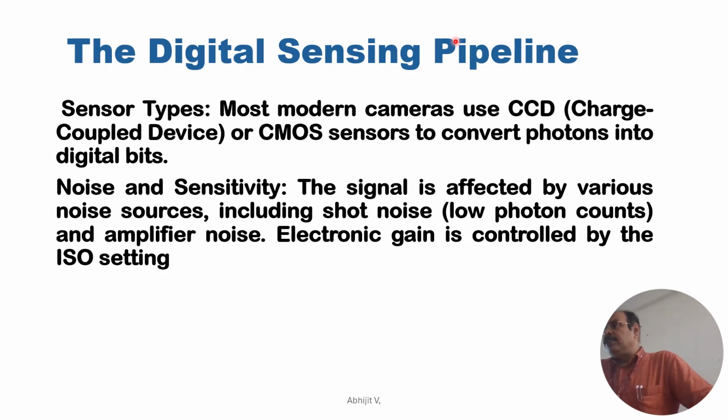Another consideration in digital sensing is noise and sensitivity. Most of the images that are recorded will have some kind of variations in light.